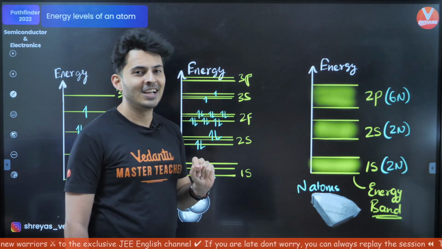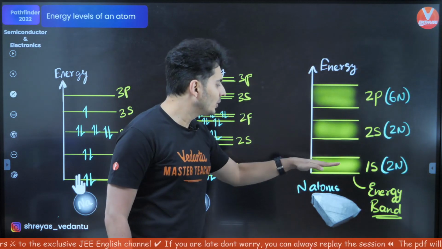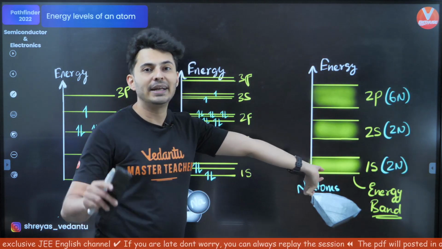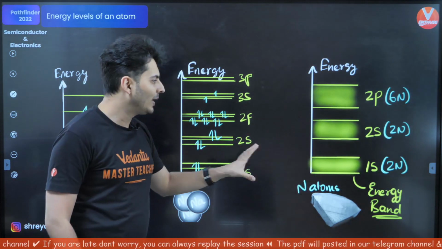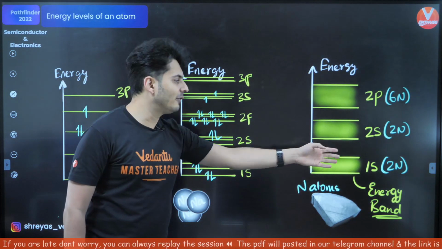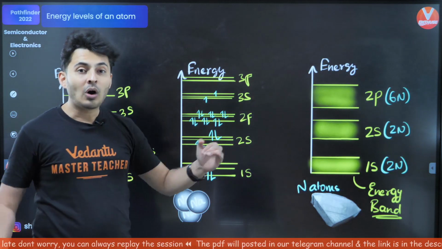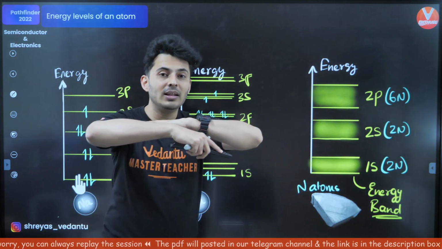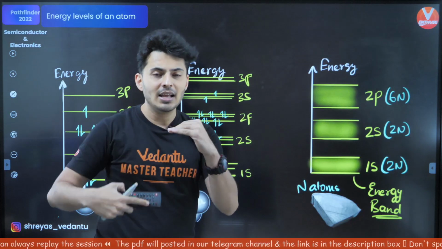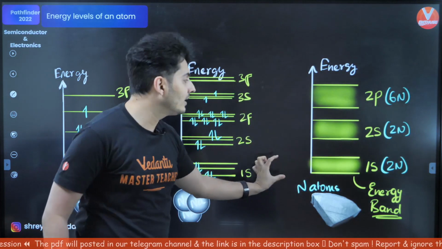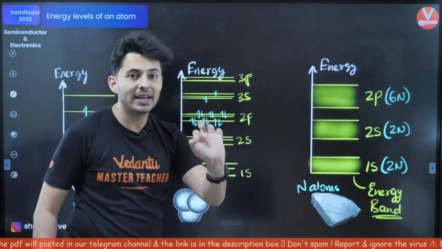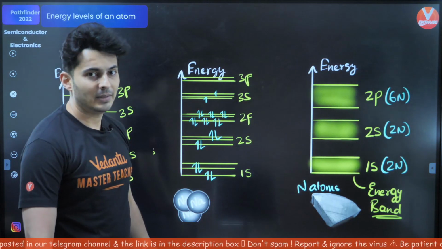Many lines are there. So instead of showing many lines, you call it a band. When I say energy band of 1s, it means all the 1s orbitals of all the atoms have interacted and formed many distinct lines. Together, collectively, those energies are called the energy band.